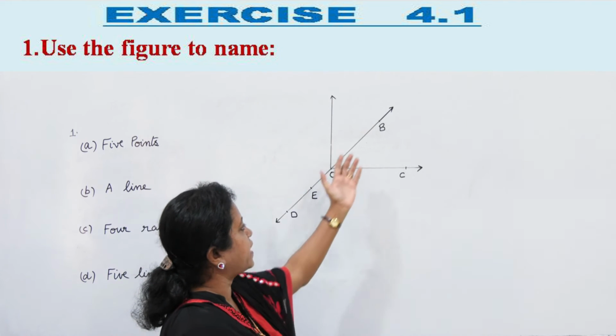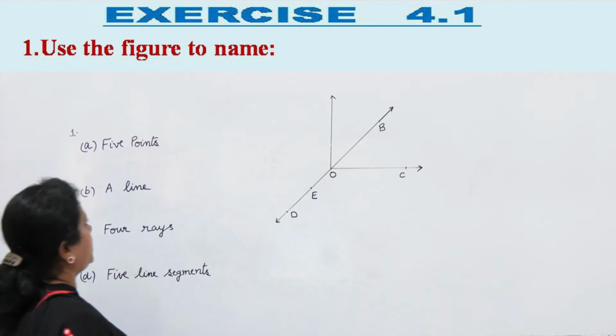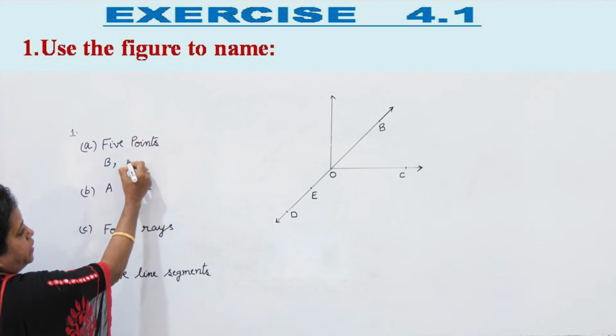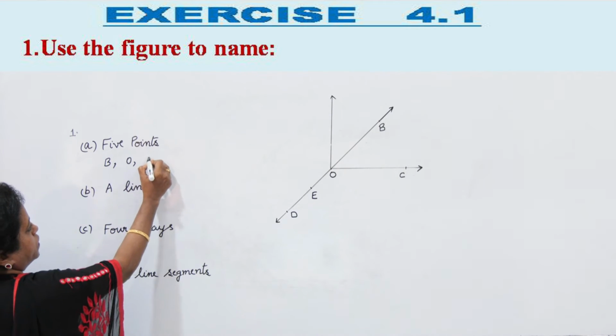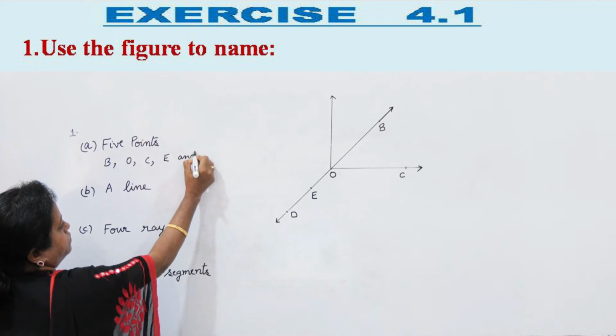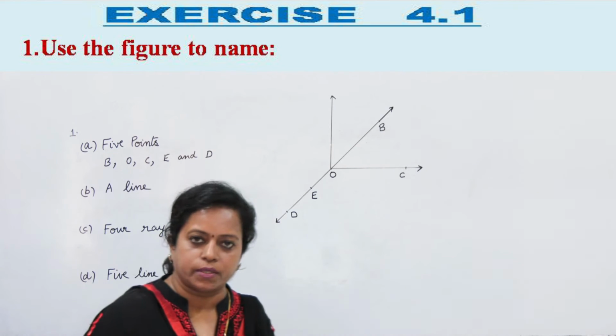So you can see different capital letters being used here. They are nothing but points. So you have to name any 5 points. So the different points can be B, O, C, E and D. So we have named 5 points from the figure.